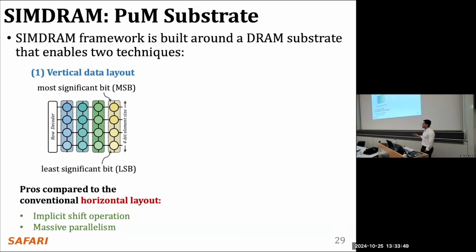So I can see my DRAM subarray as a single-instruction, multiple-data processing engine, with as many SIMD lanes as I have DRAM columns in a subarray. In a DDR4 chip, we have around 65,000 DRAM columns, so it's a very wide SIMD engine, and you're going to see the problems of that later on.